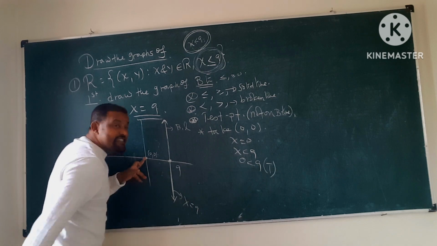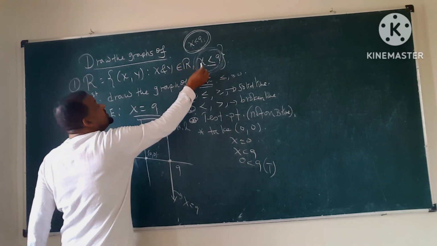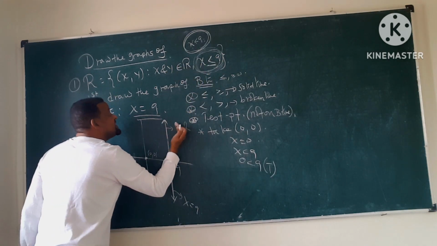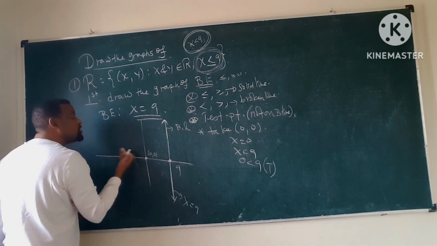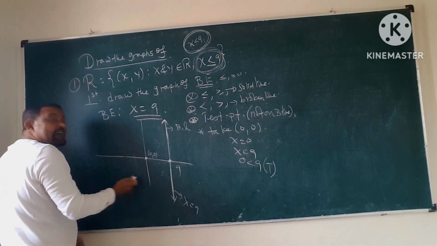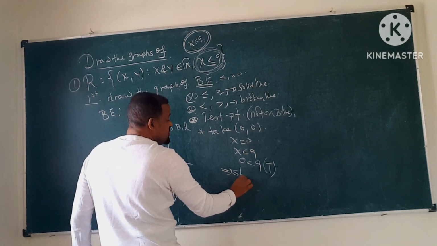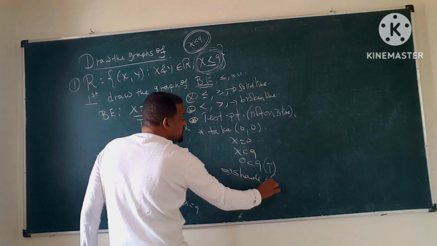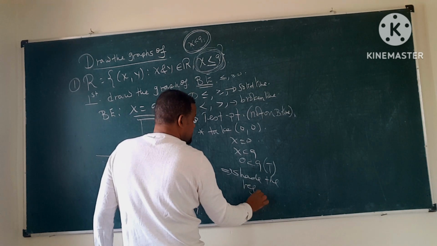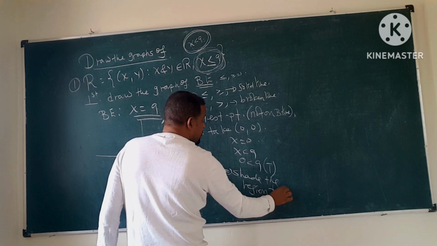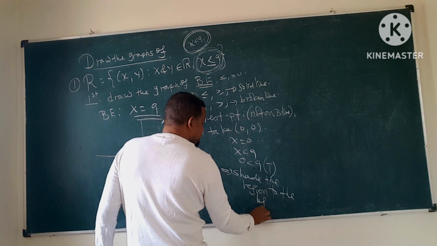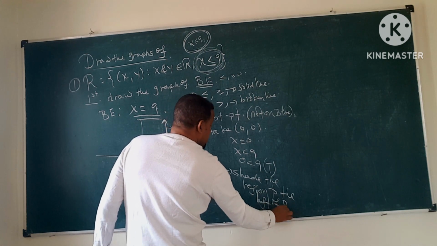So we took a point to the left of the graph and inserted it in our relation, and it gave us true. So the relation x is less than 9 is satisfied by the points to the left of our graph. So shade the region to the left of the boundary line.